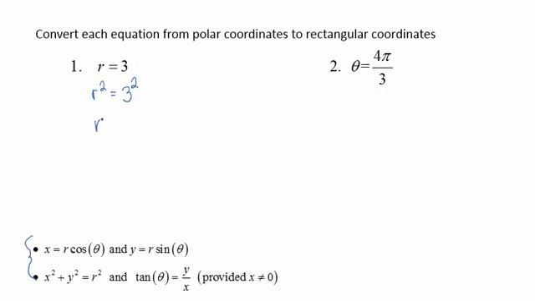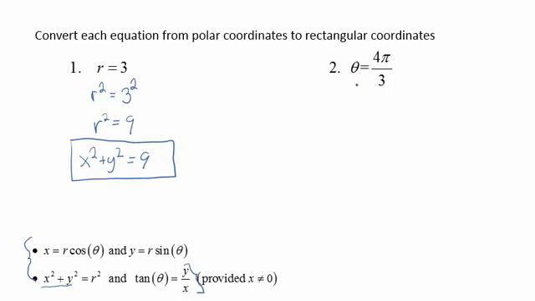Of course, this will give us r squared is 9. And since we know that r squared is the same as x squared plus y squared, we have x squared plus y squared is 9. And so this would be the rectangular coordinate description of r equals 3.